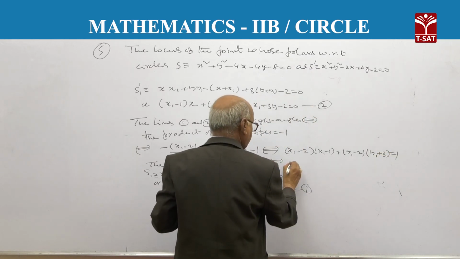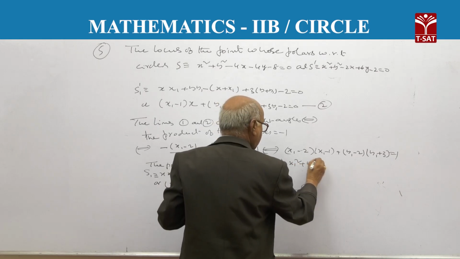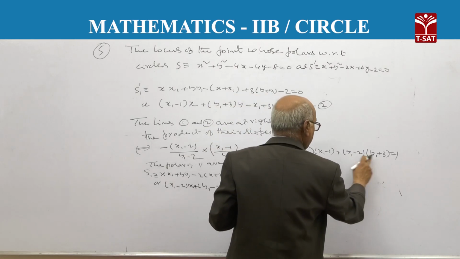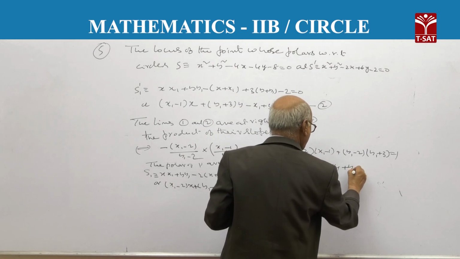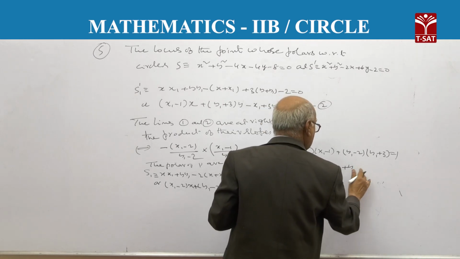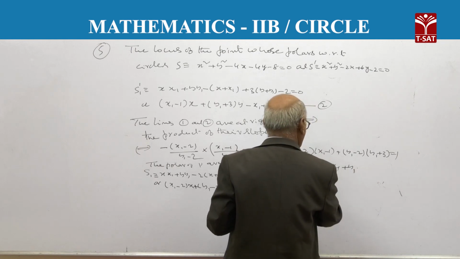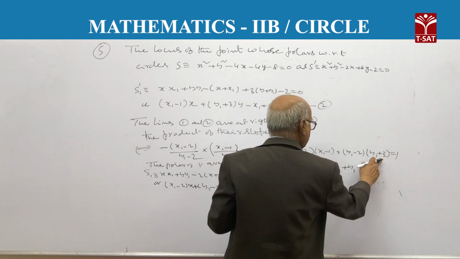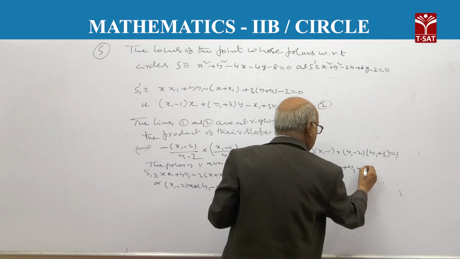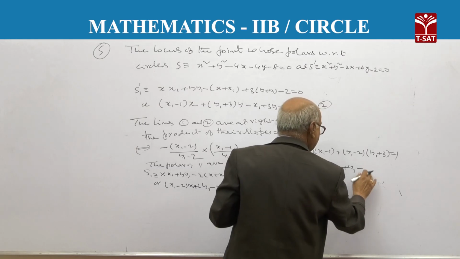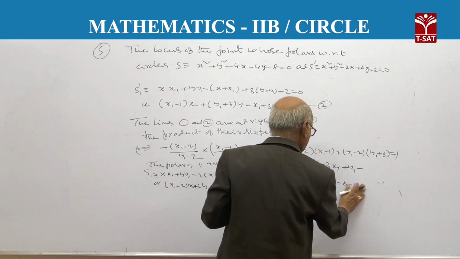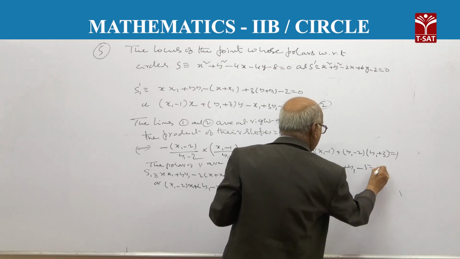So that is if and only if x1 square plus y1 square minus 3x1 plus y1 minus 6 plus 2 minus 1, so minus 5 is equal to 0.